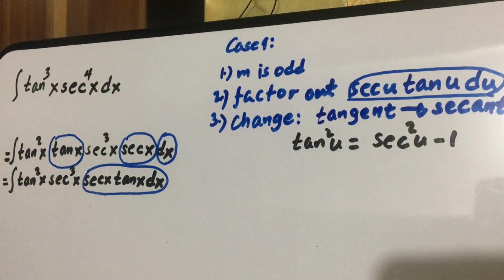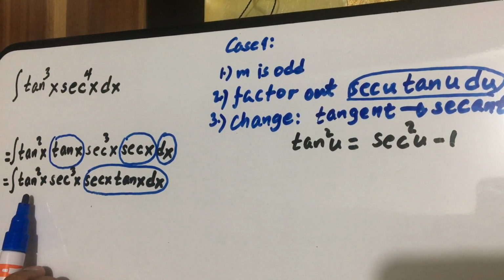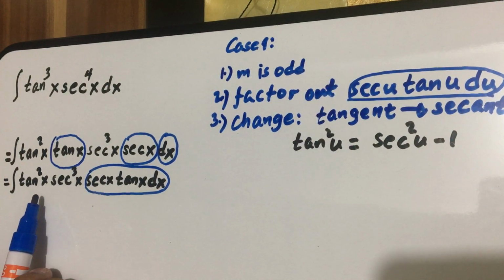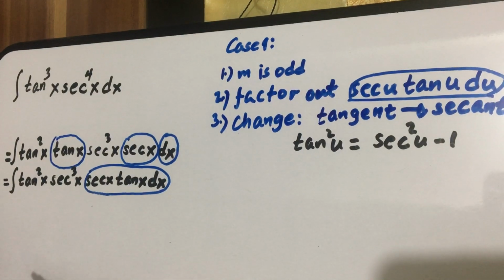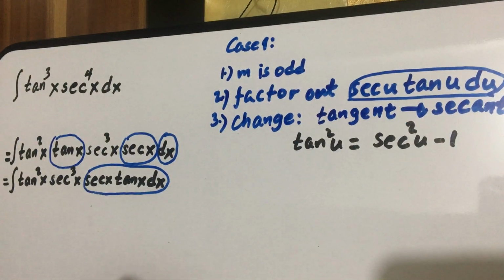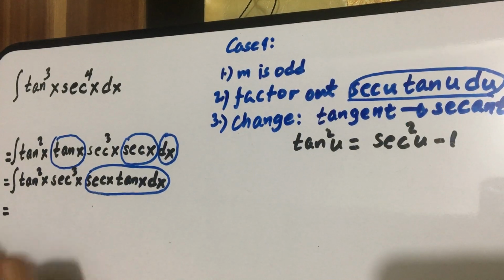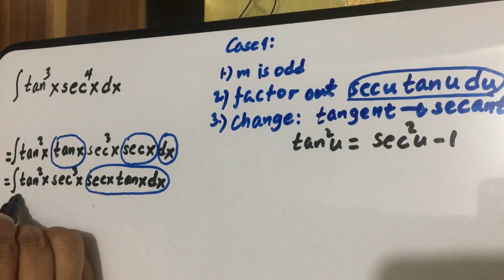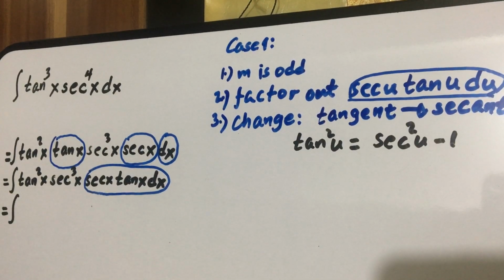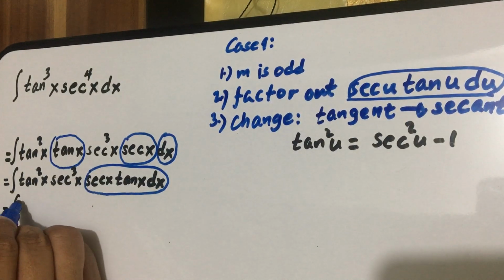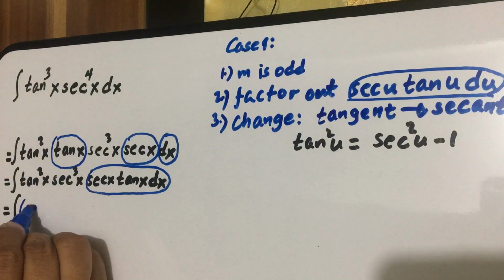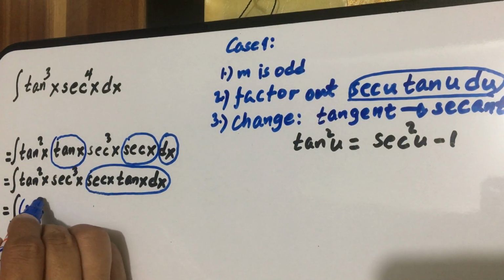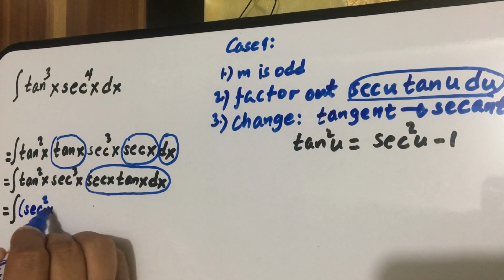Here we have tangent squared, and we have to change that into secant so that everything will be in terms of secant. So we write this as integral of, the equivalent by the identity, secant squared x minus 1.